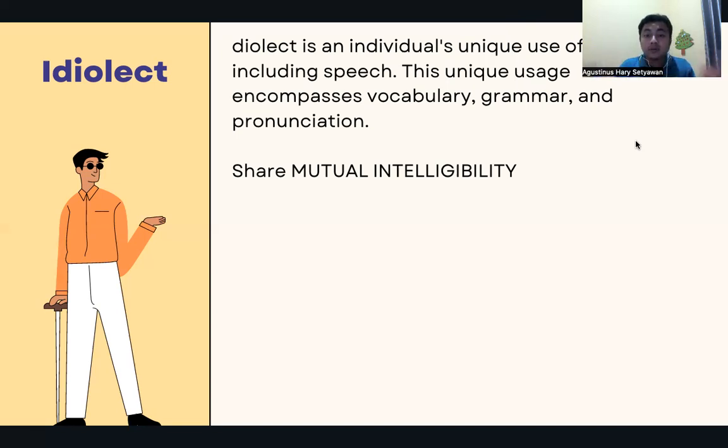That is mutual intelligibility. If we want to know about this relation in past time, about the history of how words dynamically change, we will use historical comparative linguistics.